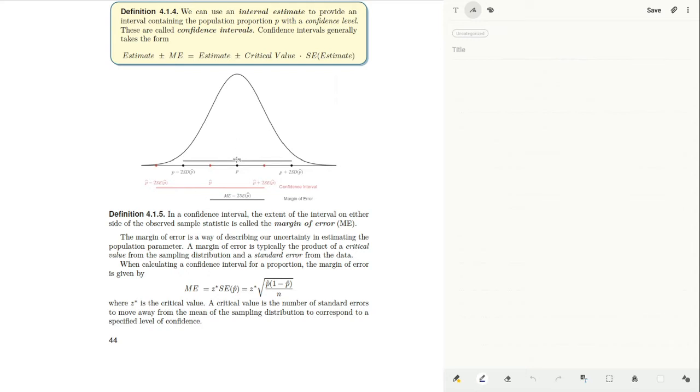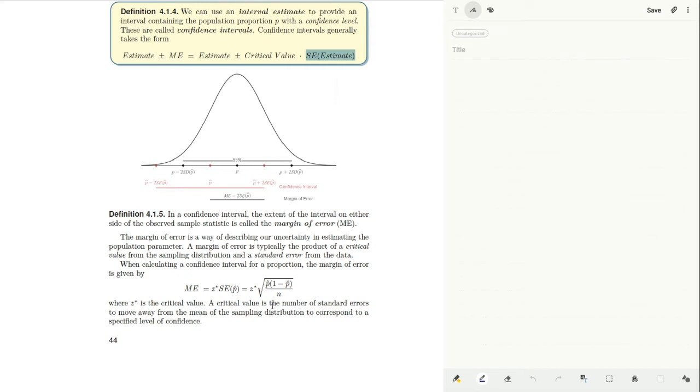And it is typically the product of a critical value and a standard error from the data. So when we're calculating a confidence interval for a proportion, the margin of error is given by Z star times the standard error. And Z star is called the critical value.